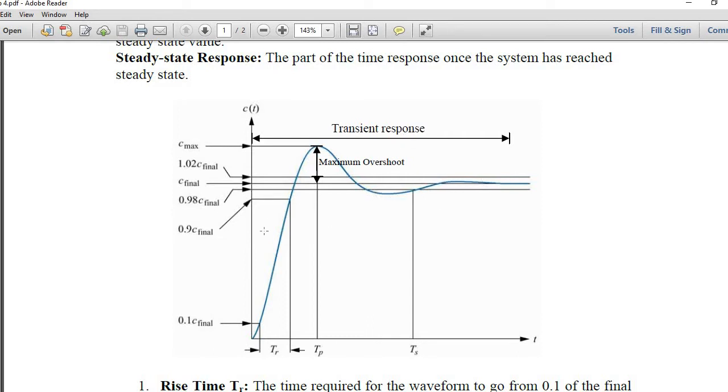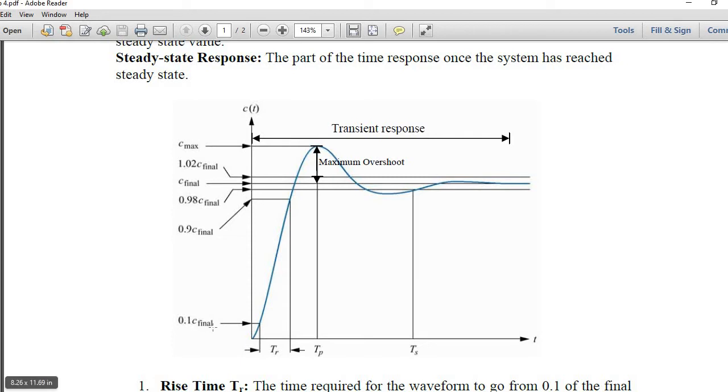Now if we look at the transient response, we have different properties here. The first property is that when we start the response, we take 10% of the final value. For example, if the final value is 10, then 10% is 1; if the final value is 1, then 10% is 0.1.